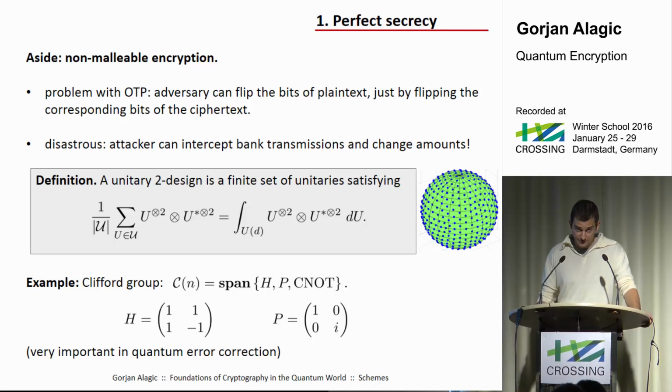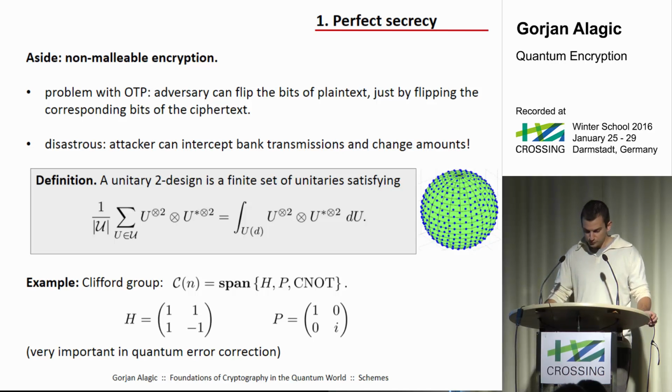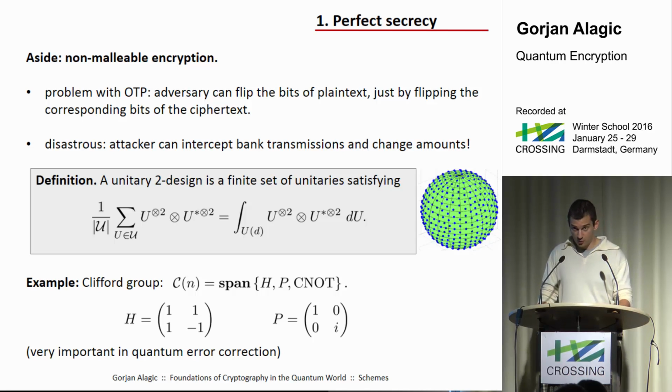Mathematically this means that if we pick one of the unitary operators from the set at random and apply its tensor square to our state, then that should have the same effect as applying a Haar random unitary operator and applying its tensor square.